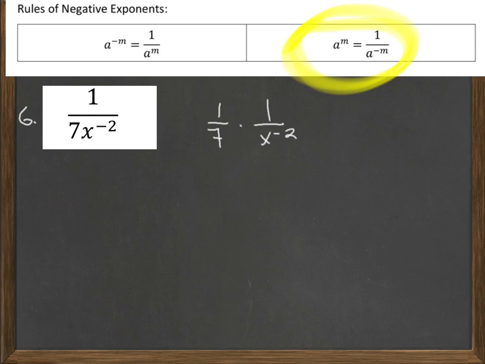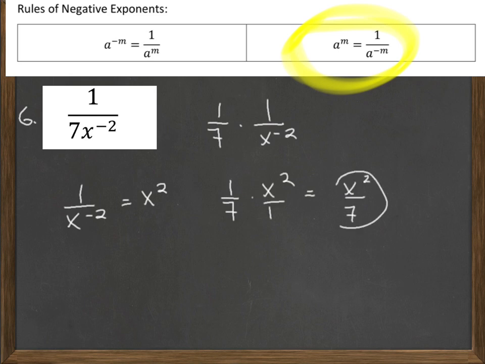So how are we going to rewrite 1 over x to the negative second power? Pause the video, see if you can figure it out on your own, and then unpause it to see if you were right. Okay? So 1 over x to the negative second power is x squared. So we're going to have 1/7 times x squared over 1, and then we can write this more simply as just x squared divided by 7.